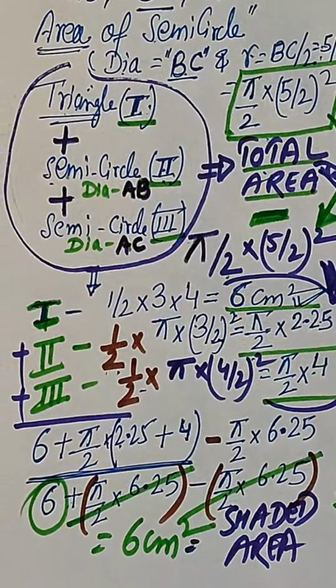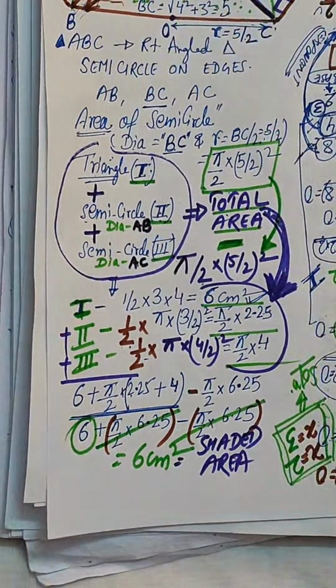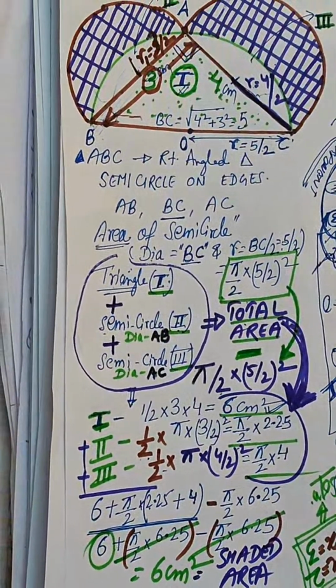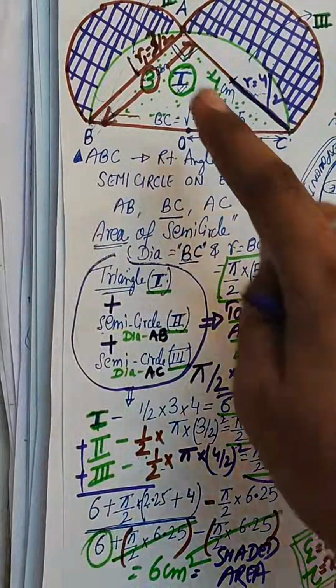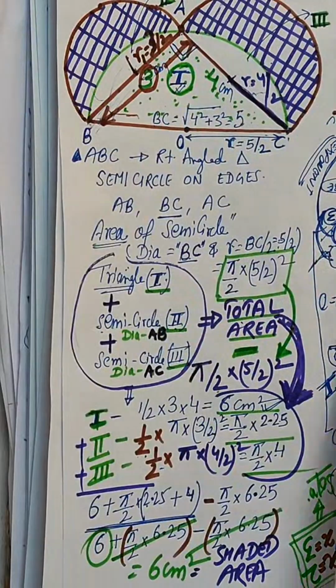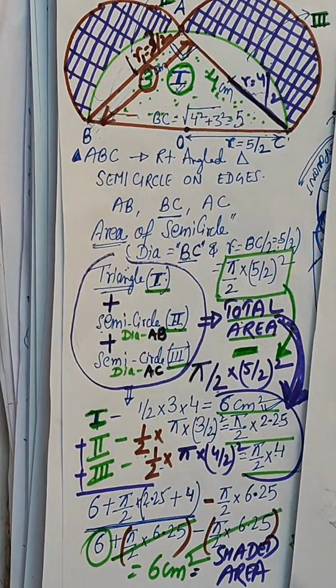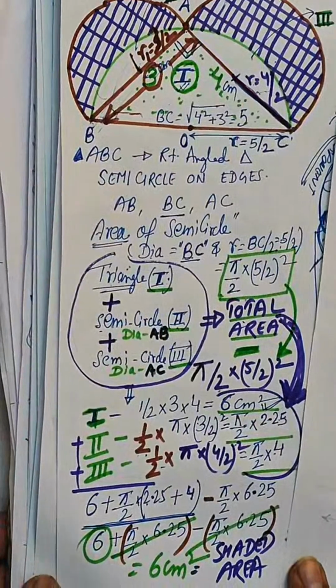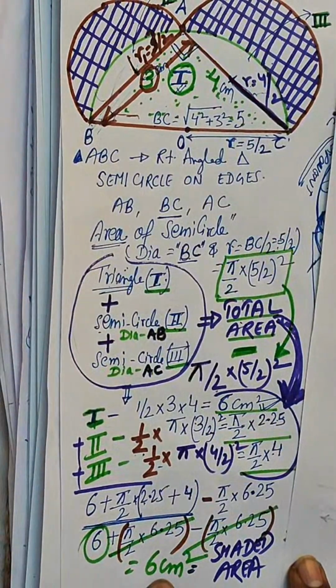Let me squeeze a little so that you can easily understand the entire page. This is the shaded area. The shaded area is calculated, and that is coming as equal to 6 centimeter square.